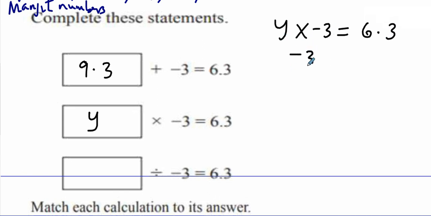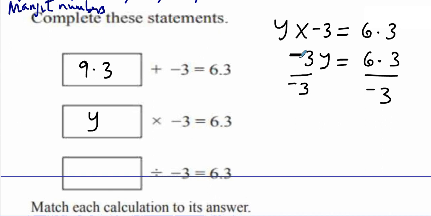The answer is -3y equals 6.3. How do we get the value of y? Divide by -3 on both sides. Negative divided by negative makes positive. 3 divided by 3 will cancel. So you remain with y equals positive divided by negative. The answer is negative. And what is 6.3 divided by 3?